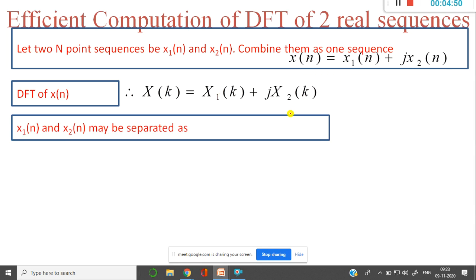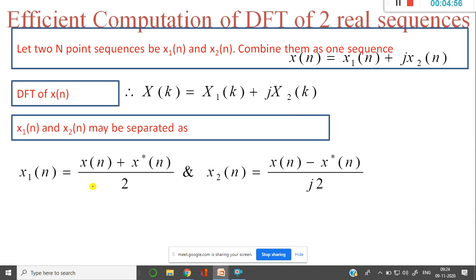Now see, x1 and x2 can be calculated as follows. You already know the fundamental trigonometric concept where z is equal to a plus ib, right?